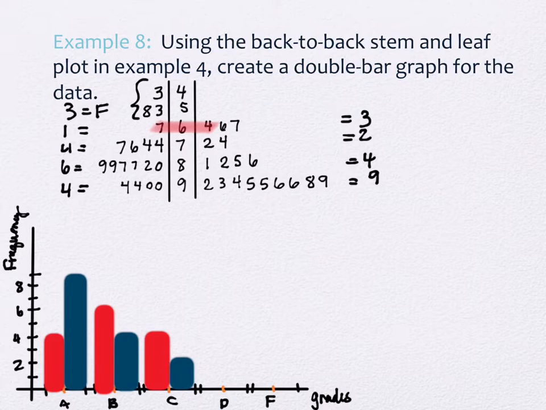And then my D's on my first exam were 1. And on the second exam it's 3. So 1 first, and then 3.